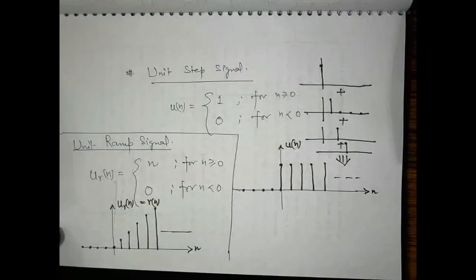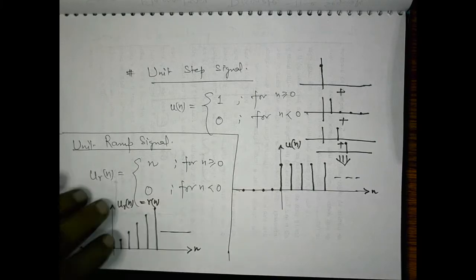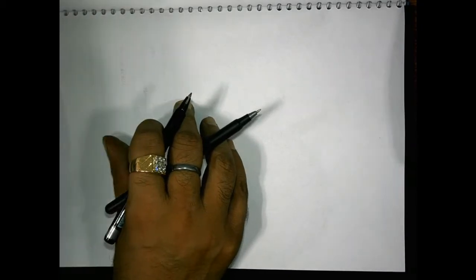This ramp signal can also be decomposed in the form of weighted impulses. Later on you will see that this signal can also be realized using the unit step signal. We will do some mathematical manipulation, some operation on the unit step signal, and this way we can realize this ramp signal. We will see in the latter part of the lecture how they can be realized.